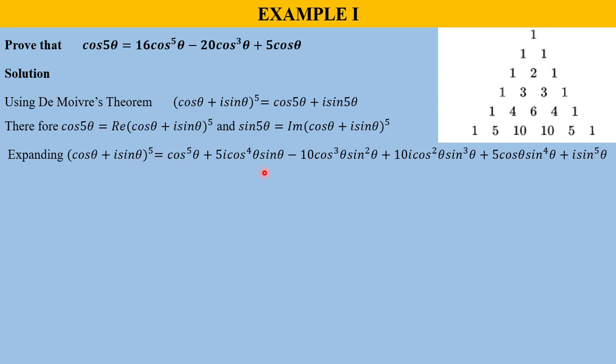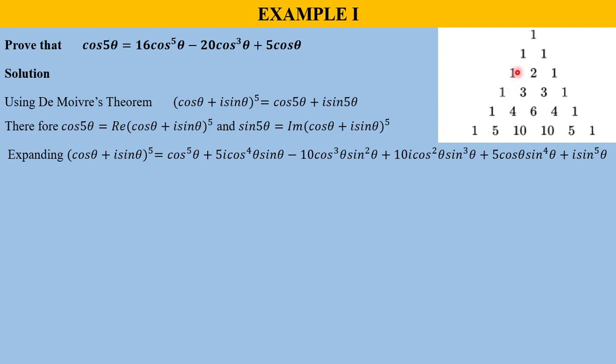Expanding this one, we can easily do it by using Pascal's triangle, whereby this will be cos power 5 theta plus 5i cos power 4 theta sin theta minus 10 cos power 3 theta sin squared theta plus 10i cos squared theta sin power 3 theta plus 5 cos theta sin power 4 theta plus i sin power 5 theta.